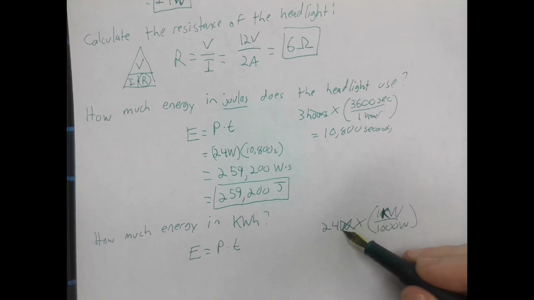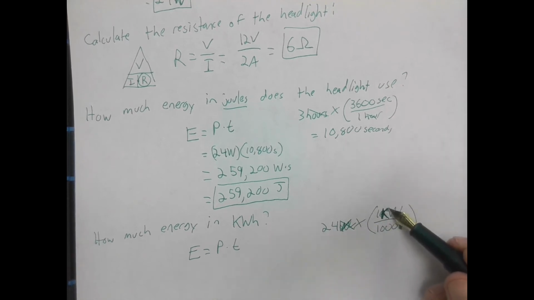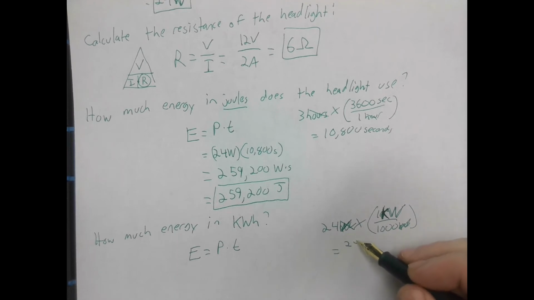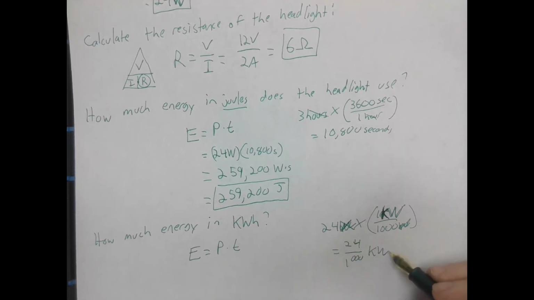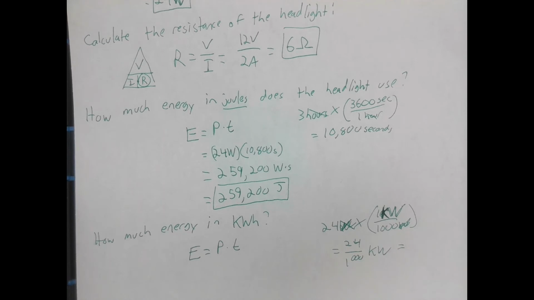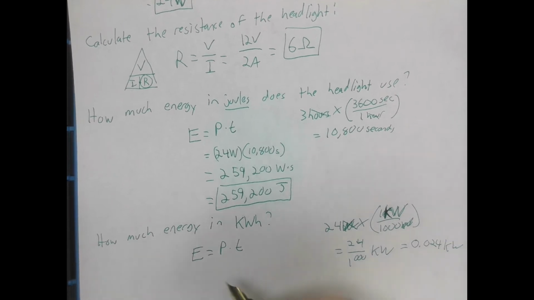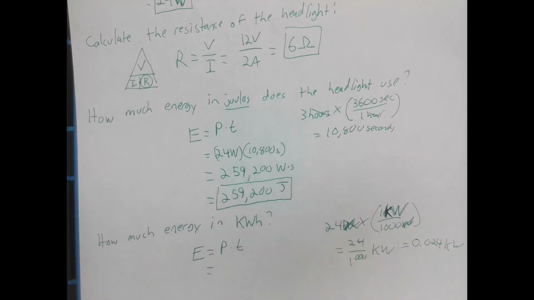So watts cancel out, giving us just kilowatts. So that's equal to 24 divided by 1,000 kilowatts, which is equal to 0.024 kilowatts. So plug that in.